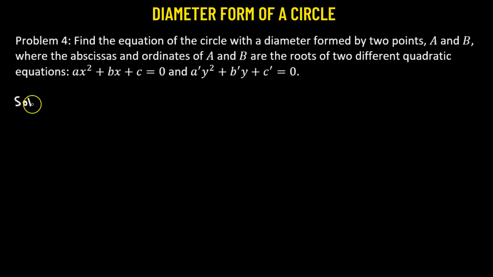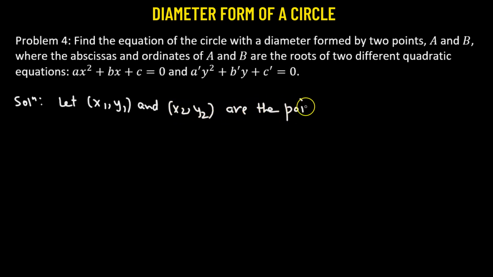So, let us begin. So, we'll first consider the points A and B to have coordinates (x1, y1) and (x2, y2), respectively. Now, abscissa means the x coordinate. So it's given that the x coordinates of point A and point B are the roots of this equation.